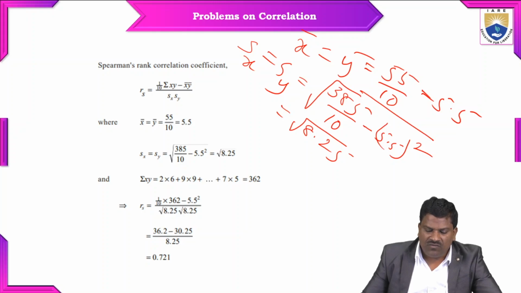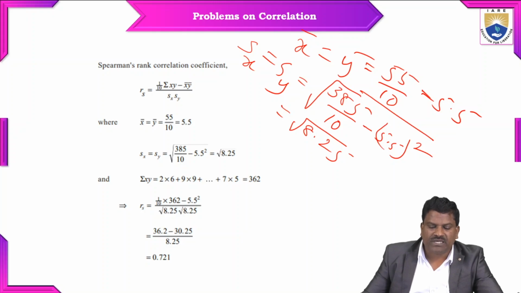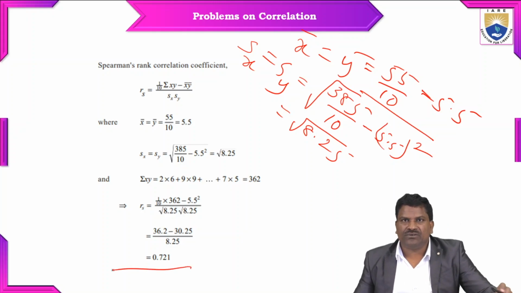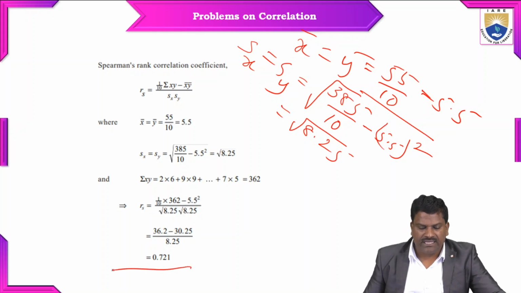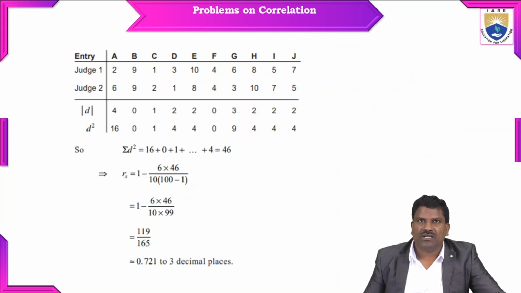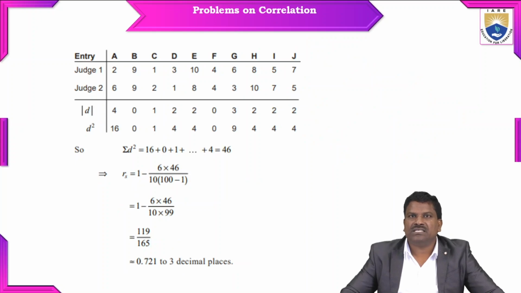Then it will become 1 by n, that is 1 by 10 into 362 minus 5.5 squared, divided by square root of 8.25 into square root of 8.25, that is sx into sy. So it is becoming 0.721. Like that, we are finding Spearman's rank correlation. Now let us see one more sum.